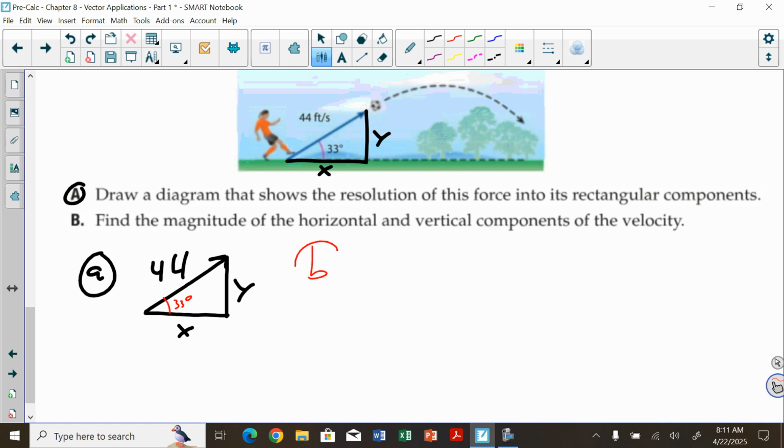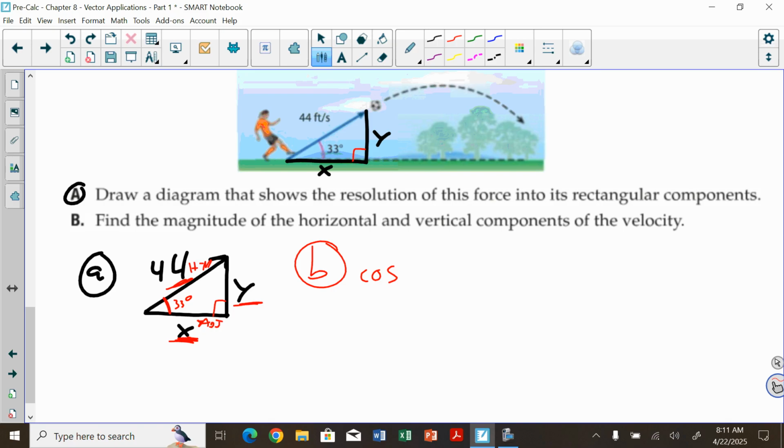All right, letter B says, find the magnitude of the horizontal and vertical components of the velocity. So they basically want the magnitude of X and Y. In this case, we can just use trigonometry because I know it's a right triangle here. So I can use some trig formulas. For X, if I use my SOHCAHTOA rules, here's the angle we're talking about. X is the adjacent side, and this is the hypotenuse, right? So I could say the cosine, we're talking adjacent and hypotenuse.